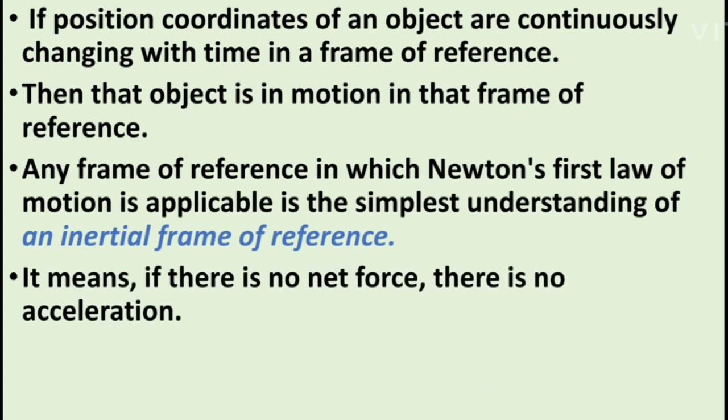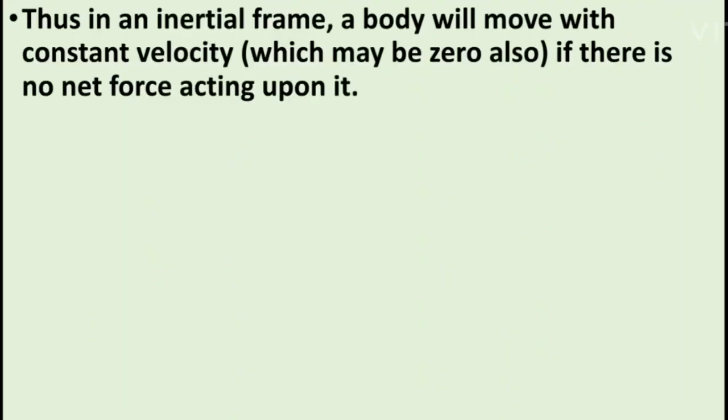It means if there is no net force, there is no acceleration. Thus, in an inertial frame, a body will move with constant velocity, which may be zero also, if there is no net force acting upon it.